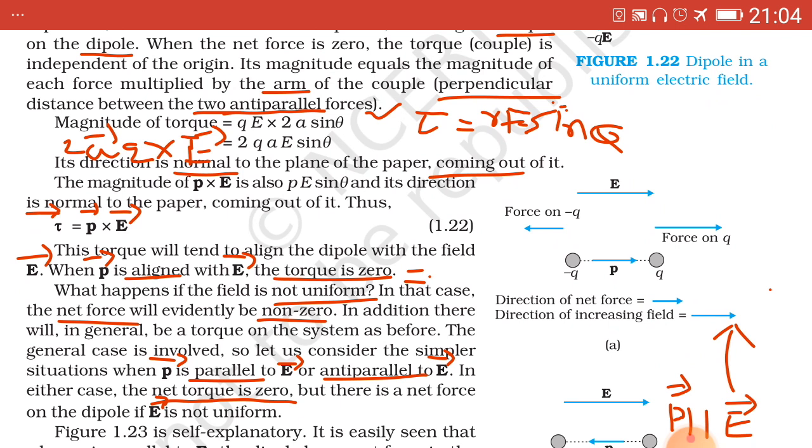The direction of torque is normal to the plane of paper, coming out of it.